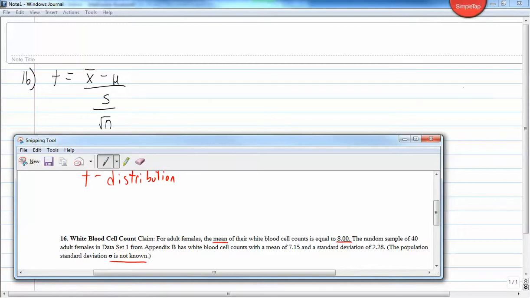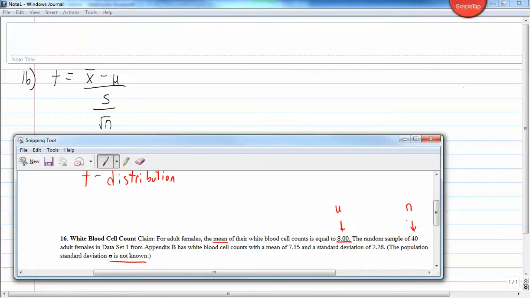So, here's the claim. That's our mu. White blood cell count is equal to 8.00. So that's mu. Random sample of 40 adult females. What is that?